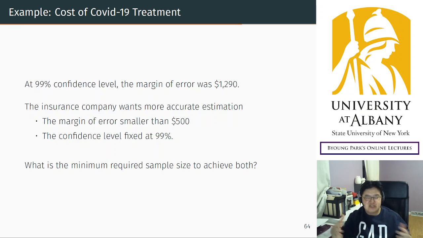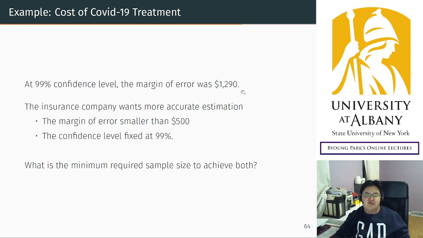An insurance company has to manage their fund, and some should be invested and some should be reserved to pay for the claims. So accuracy of estimation is very important for the profit. Then what I want to do as a CEO is make the margin of error smaller than $500. So now the margin of error is nearly $1,300, which is too large.